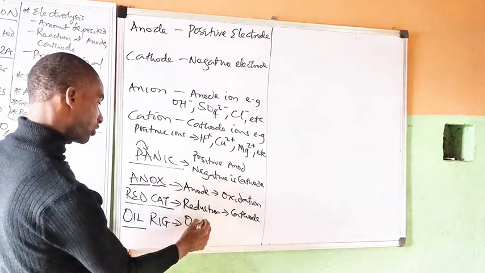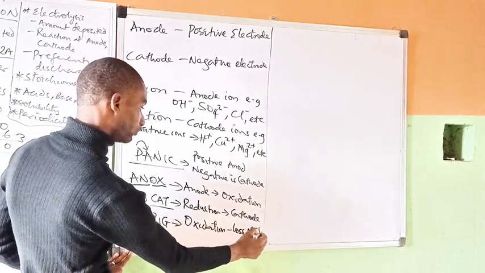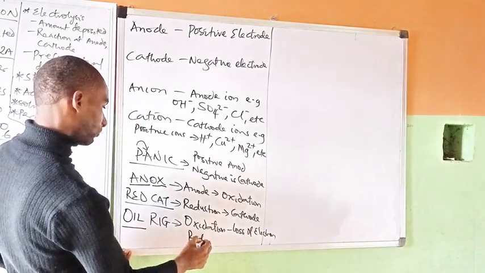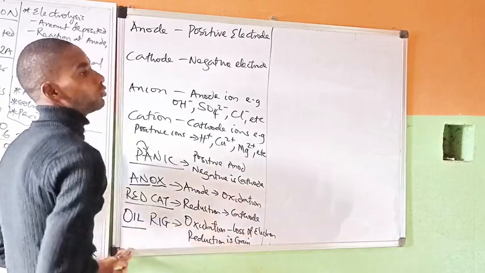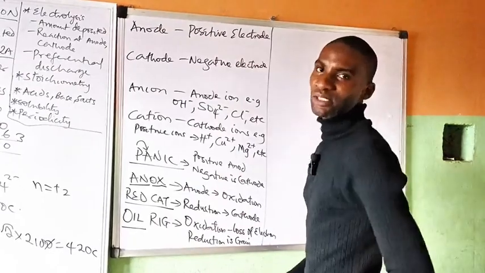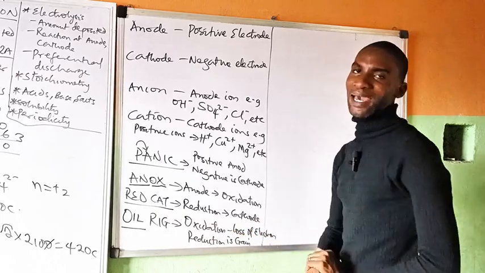So oxidation simply means loss of electrons. Then reduction is gain of electrons. So when you say oxidation occurs at the anode, that means electrons are lost at the anode.